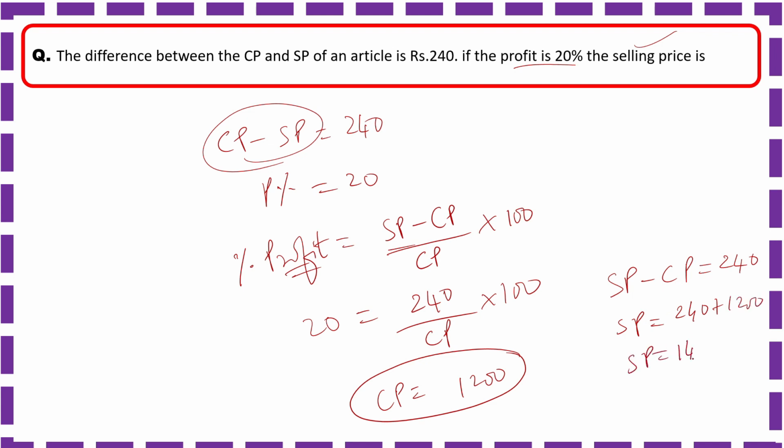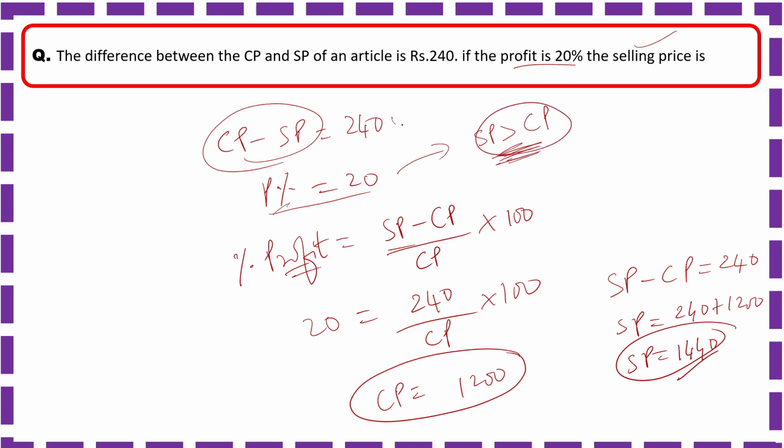So SP is equal to 1440. See, the moment you see profit percentage, you must know that selling price is greater than cost price. The profit percentage is 20 means SP is definitely greater than CP.